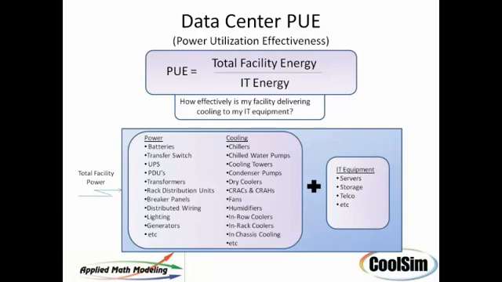That's power, cooling, chillers, PDUs, transformers, everything. All the power, even the heat transfer through the walls would be in that numerator. And in the denominator is the IT equipment. So what this one says is, how well is my infrastructure doing when it comes to taking care of my IT equipment? How effectively is it cooling it? And that's what PUE is.